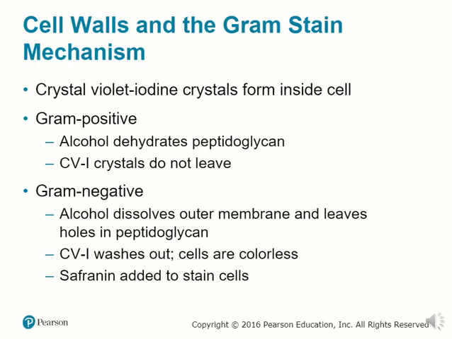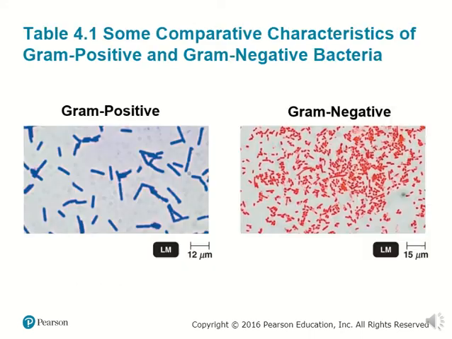Whereas with gram-negative cells, alcohol will dissolve the outer membrane and leave holes in the peptidoglycan layer. Crystal violet-iodine crystals will wash out, and those cells are colorless. Safranin is then added in order to stain those cells.